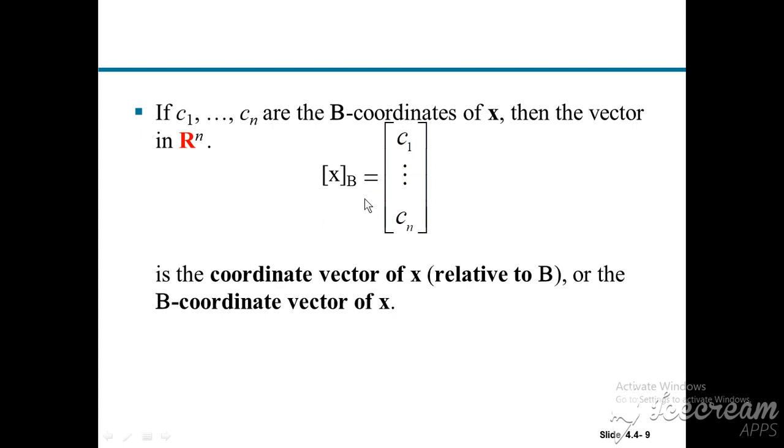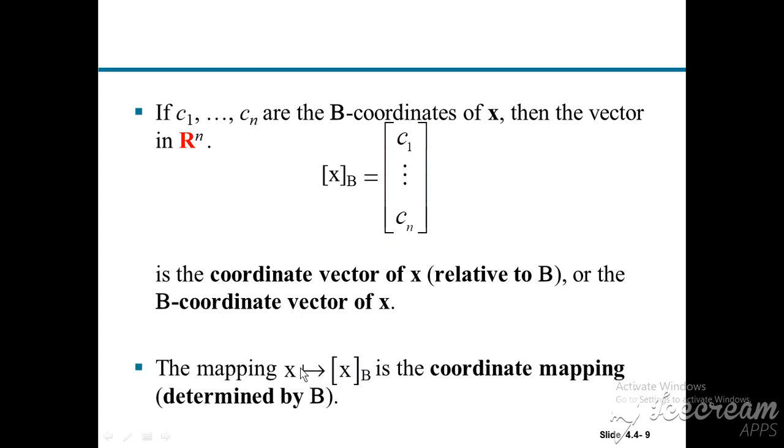If we see one example, we can define here the mapping: x is transformed into this [x]_b, where this basis will play a vital role.